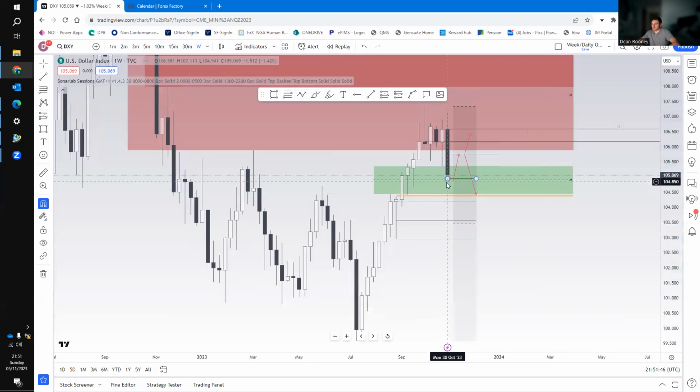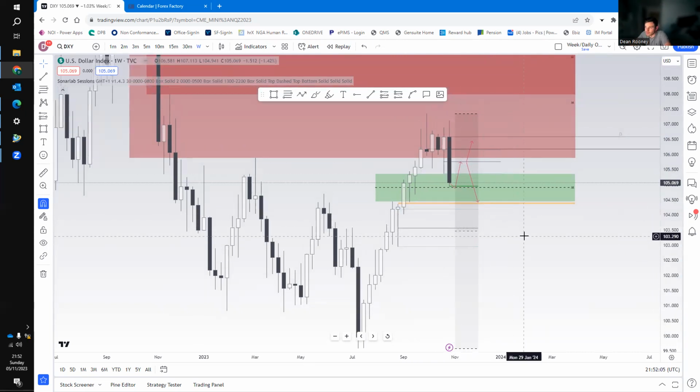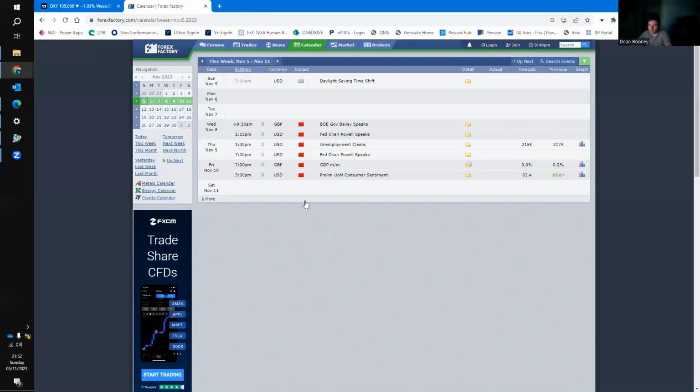So again, if price gets really animated to the downside, this would be a key level because you can tap into the discount where we would like to buy from, and we can still respect this sort of level. But that's a bit away, really, especially because there's not much news drivers this week.